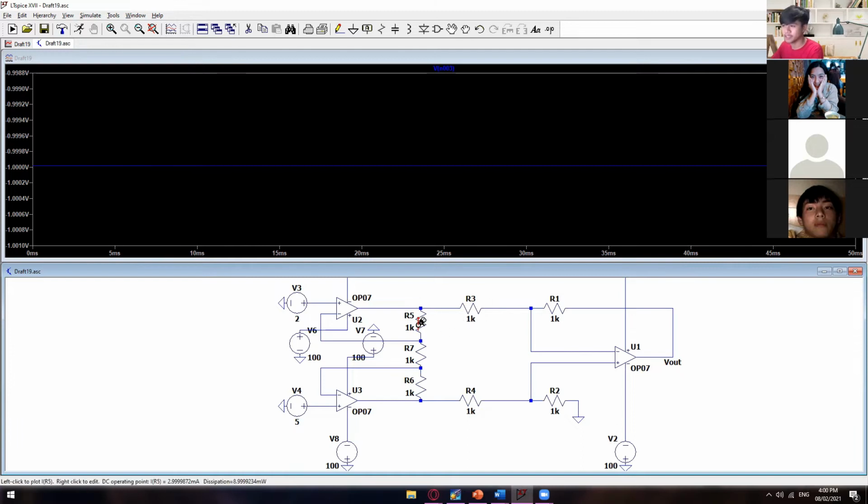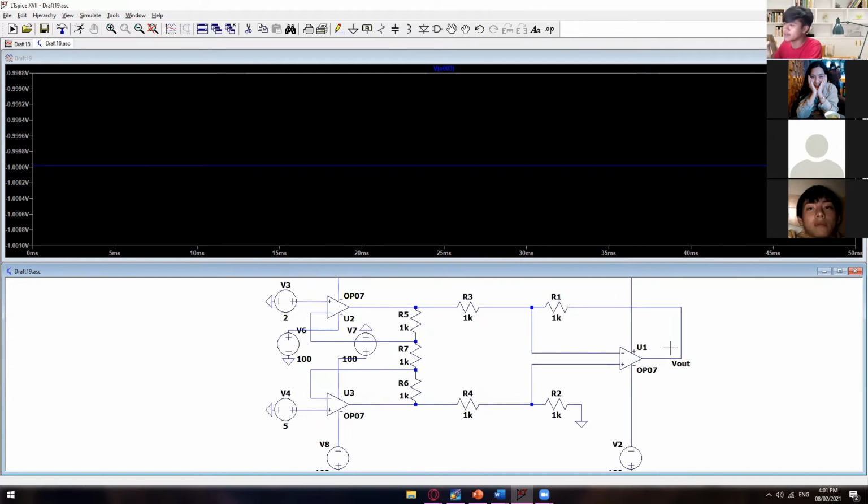on this side only. But on this part wherein your V sub 4 will pass through R6 and then R4, it's not the same as a voltage divider. Why? Because it's already getting a feedback from our voltage output, or R1 or R2.